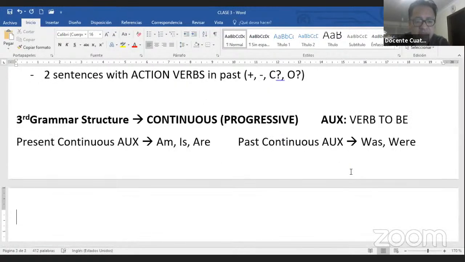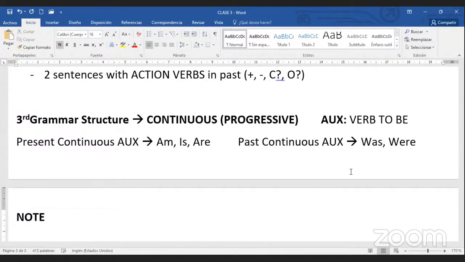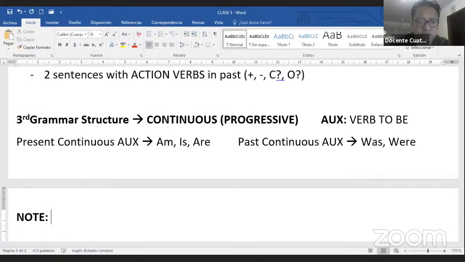Right. But first, we have a note. The continuous has a formula. Okay, so which is that formula?